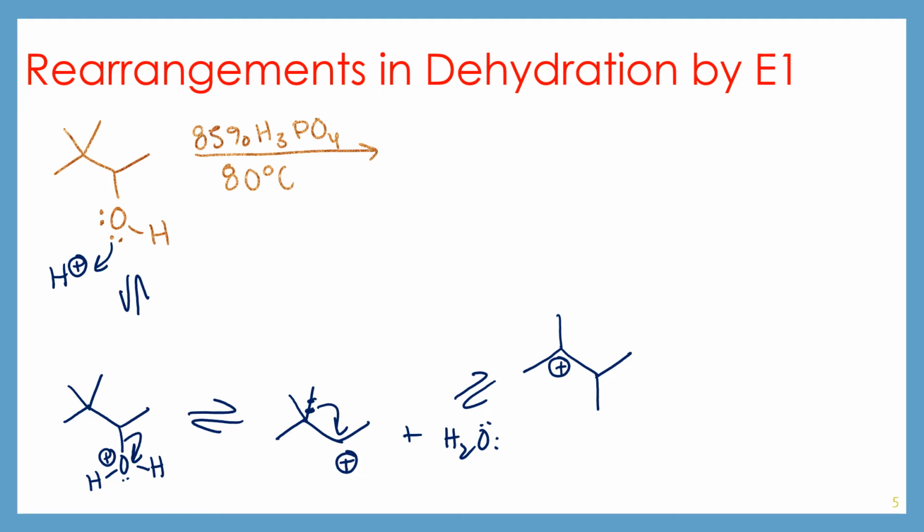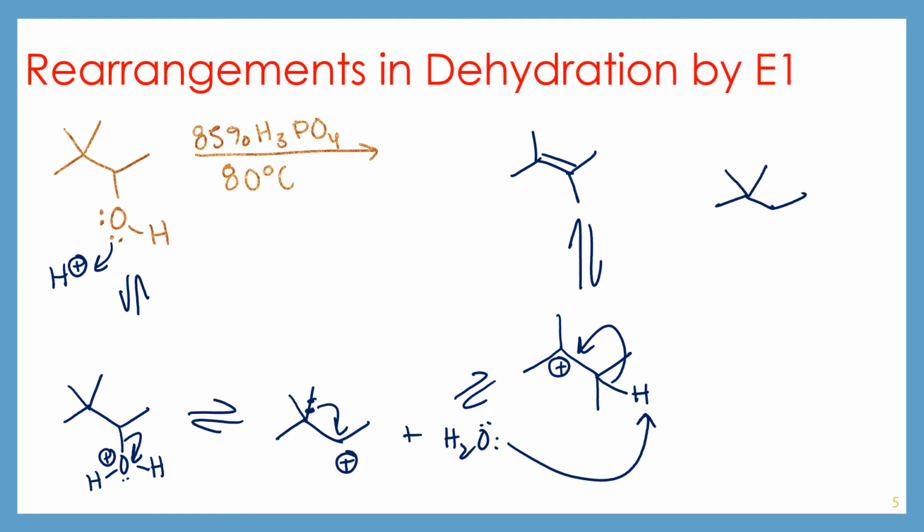From here, we can pull off the nearby beta proton and form the alkene. The rearrangement is important because if you didn't do that, you would have ended up with this alternate product, which would be a very, very minor product if it formed at all.